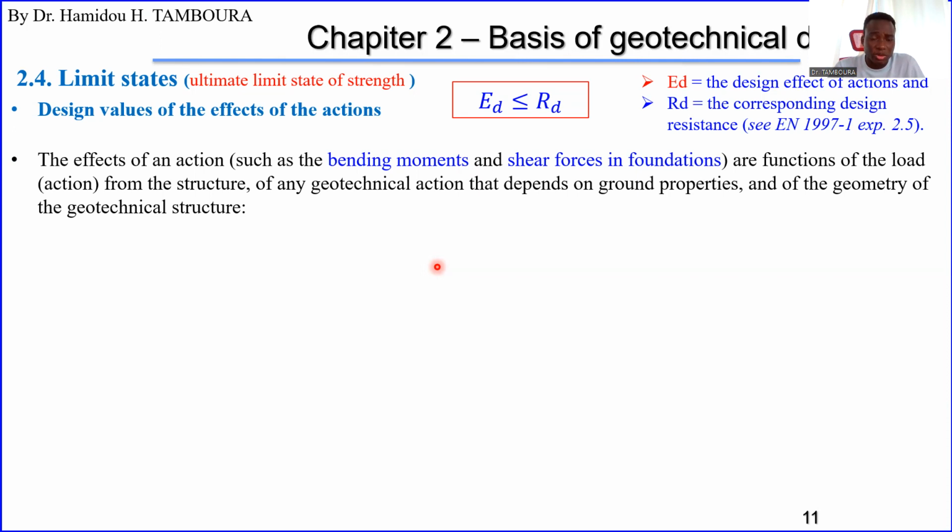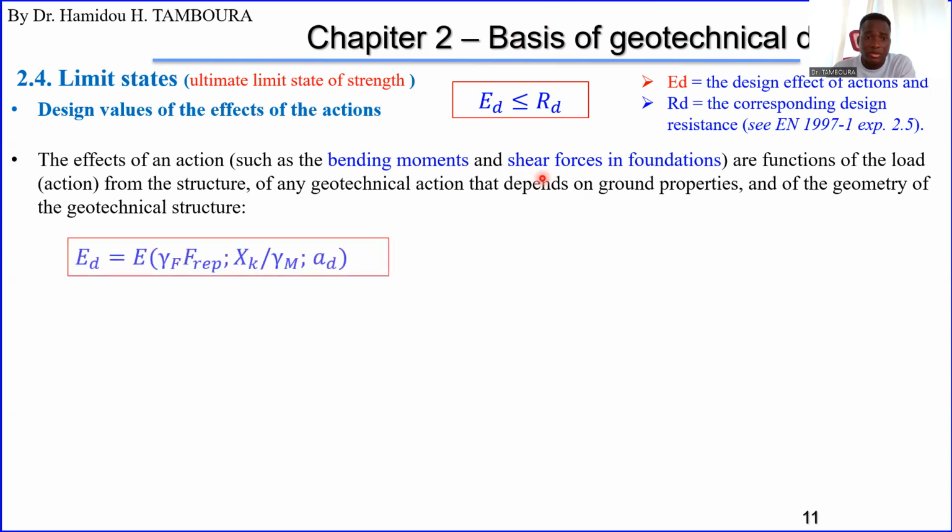So if, for example, you apply 100 kilonewton on clay, the effect will not be the same as when you apply the same 100 kilonewton on rock. That's why it's not only about action. We should also consider the ground property and everything.